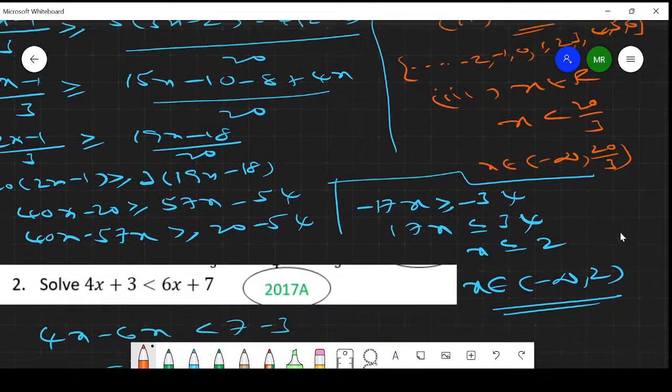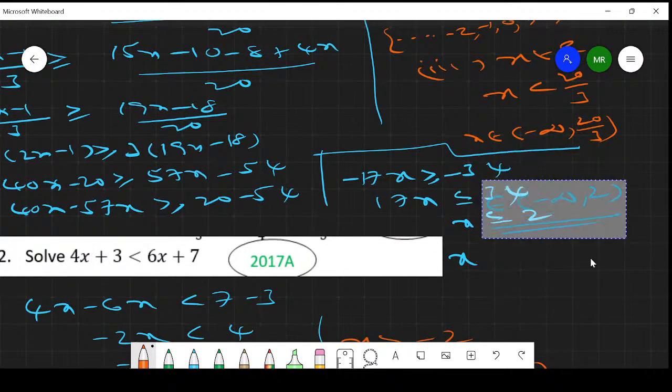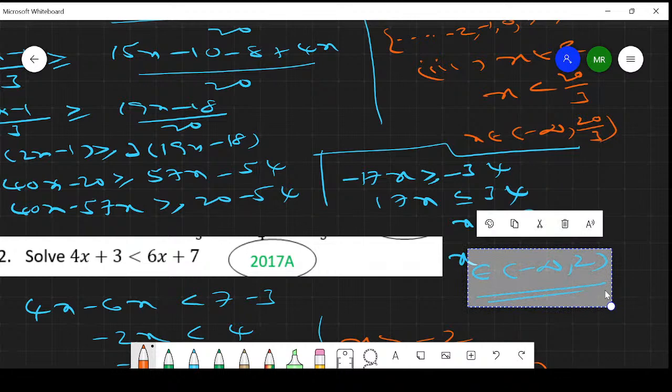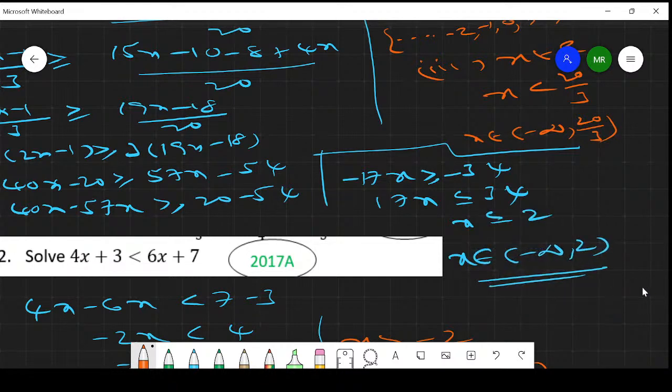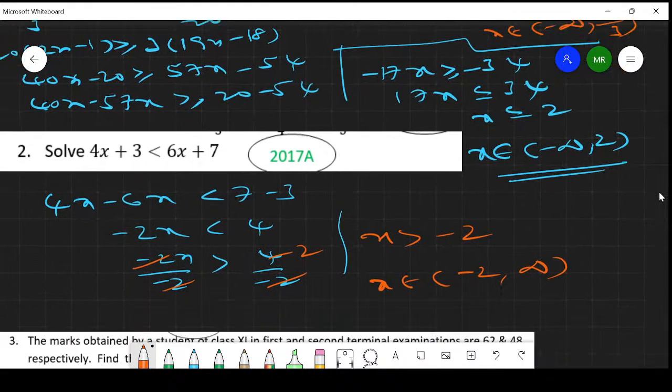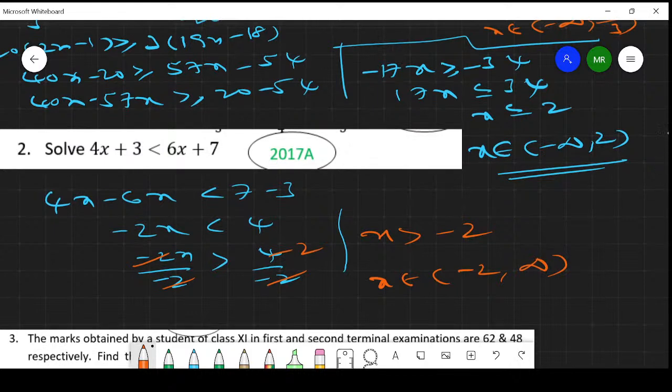Here equality is there. That's true, Manasa, what you told is true. I should include 2 also here because equality is here. I should write here a closed interval. Perfect.